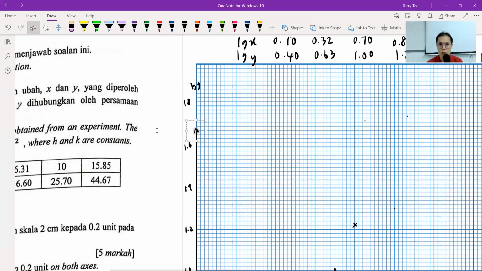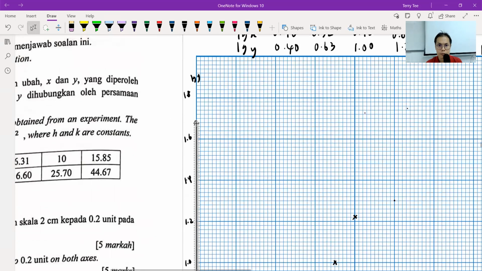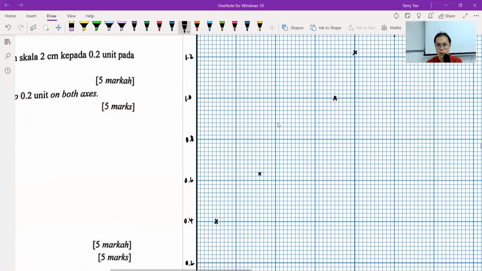Just shift it up. Move this up. Okay, up to here. This one I should erase it. Erase this. Move it higher. Okay. So 1.41 should be here. 1 and 1.41.